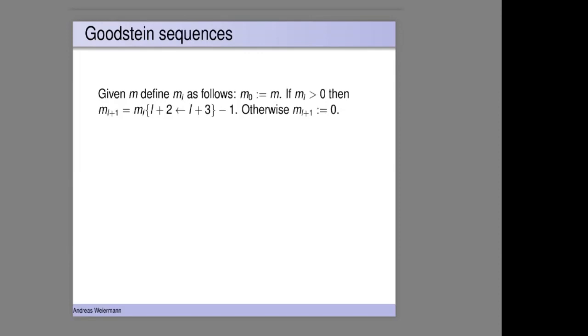We form a new number ml plus 1, which results from ml by replacing base l plus 2 by l plus 3, making the number bigger. And then I subtract 1. So normally ml plus 1 is much, much bigger than ml. And if ml is equal to 0, then ml plus 1 stays 0.